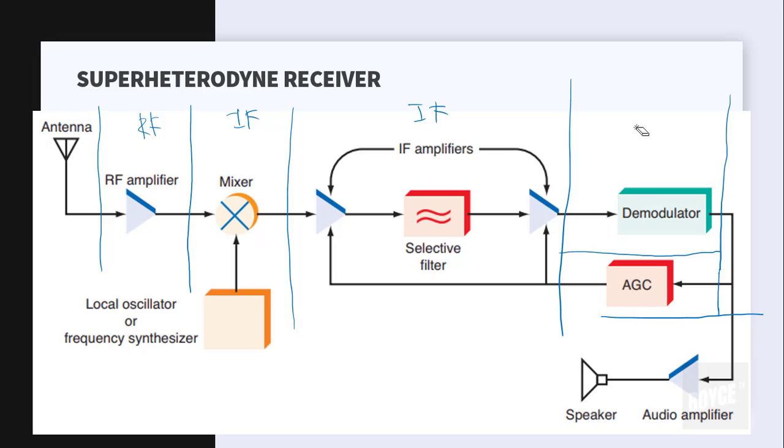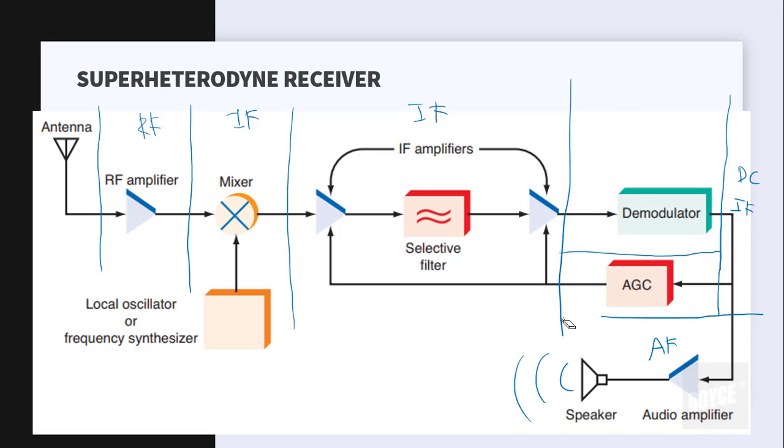So dito sa demodulator, paglabas niyan, magiging DC value na itong intermediate frequency natin. Yan yung papasok sa audio amplifier natin, then this will be our audio frequency na. Yan na yung maririnig natin.